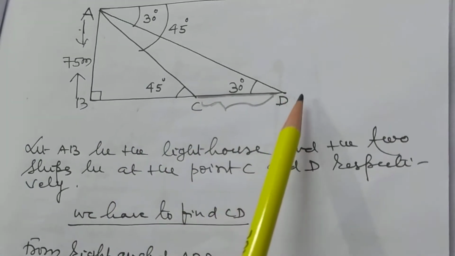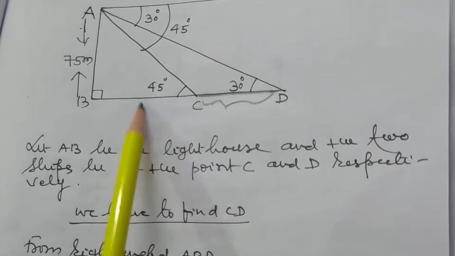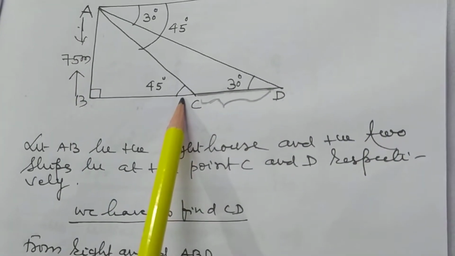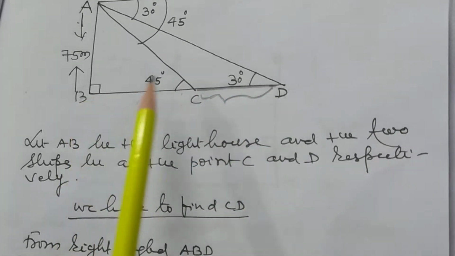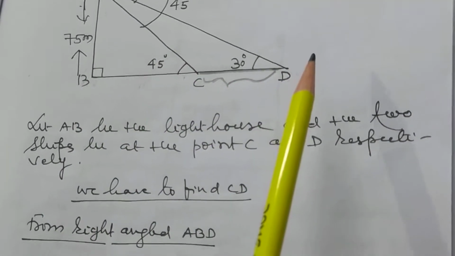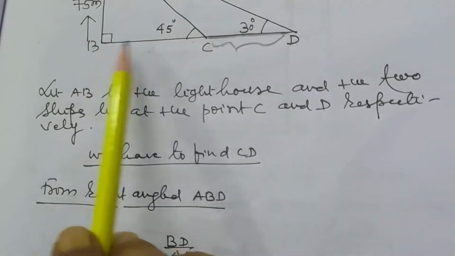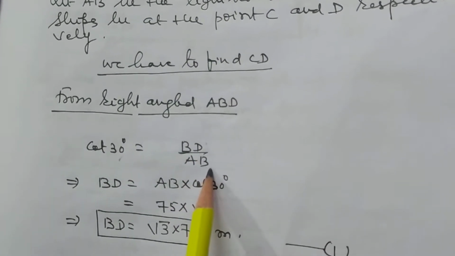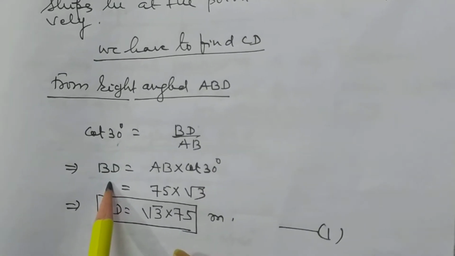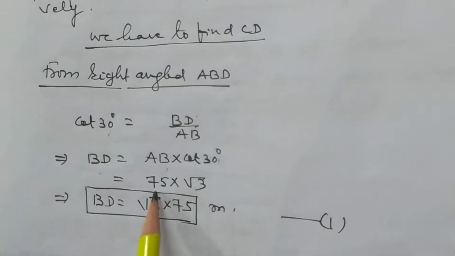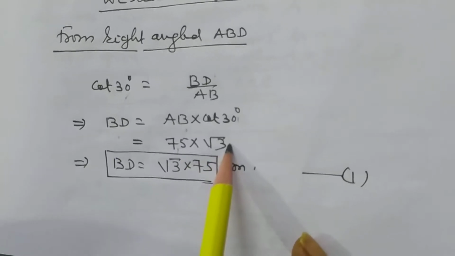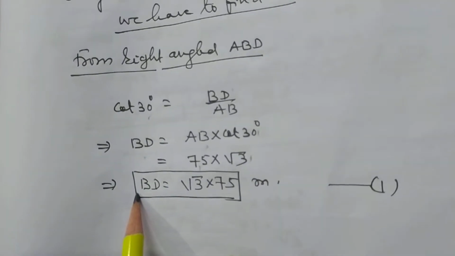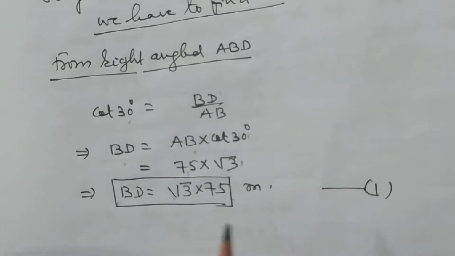From right angle triangle ABD. BC कहाँ मिलेगा? राइट एंगल ट्रायंगल ABC. अब फ्रॉम राइट एंगल ट्रायंगल ABD वी वांट BD. So take cot 30. Cot 30 is equal to BD by AB. So BD is equal to AB into cot 30. AB is equal to 75. So BD is equal to 75 root 3 meter.